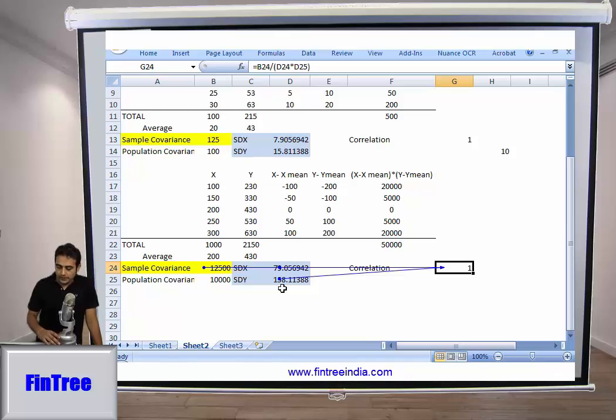Okay, so one of the online students raised a query saying, when you calculate correlation, which standard deviation should you use? Should you use sample standard deviations or population standard deviations? The answer is it depends on which covariance you're using. If you're making use of sample covariance, use both the sample standard deviations. If you're making use of population covariance, then use both the population standard deviations.